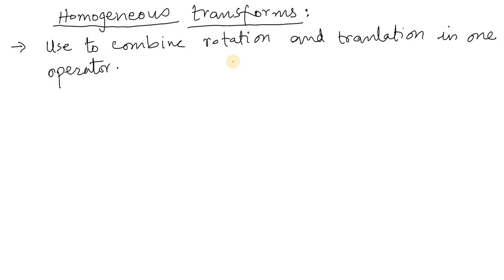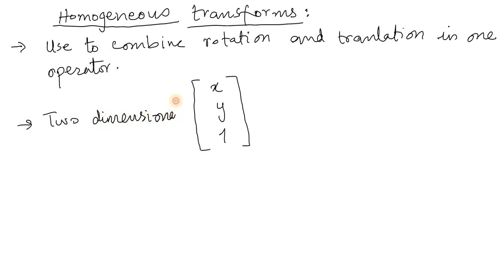A two-dimensional vector giving the coordinates of a point is extended with a third element that has fixed value of 1. So previously we were doing like x, y, but this time when you define a vector, it will look like this: x, y, and 1. So this is the two-dimensional vector. It will look like this.